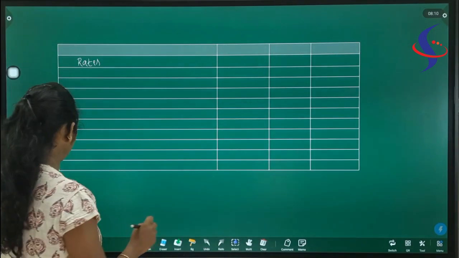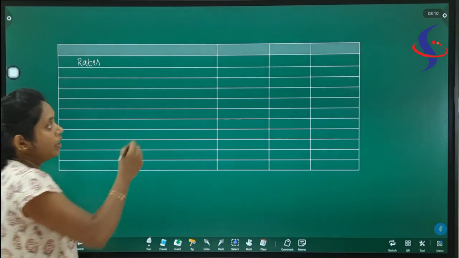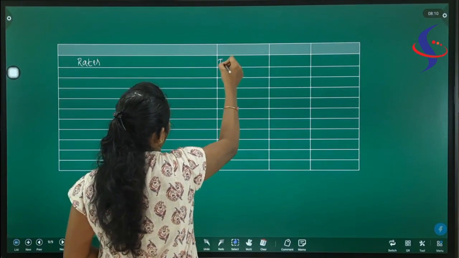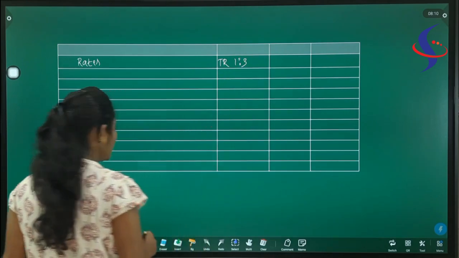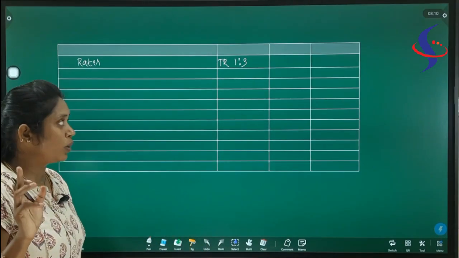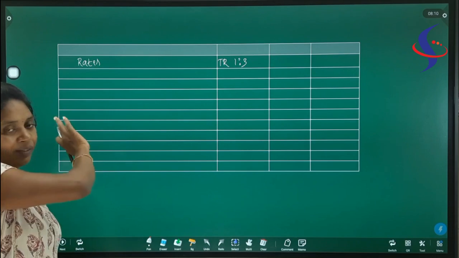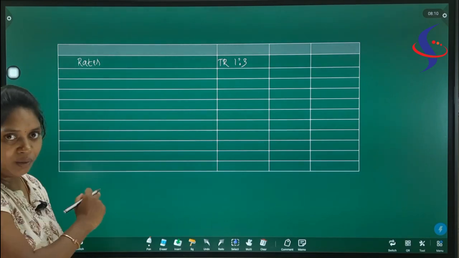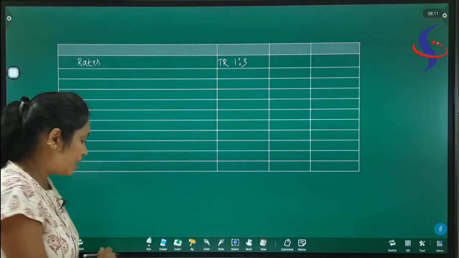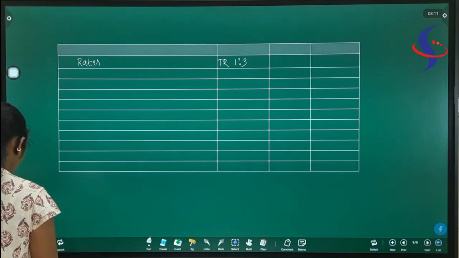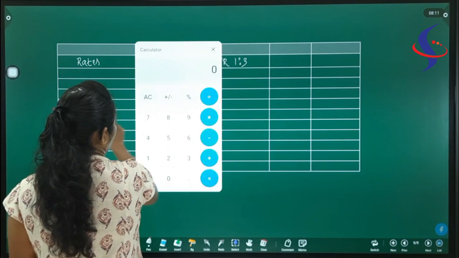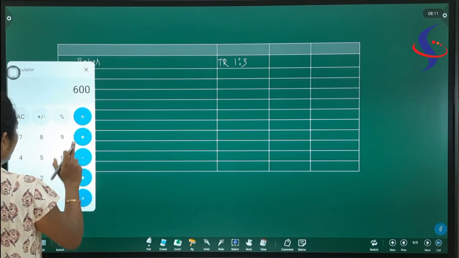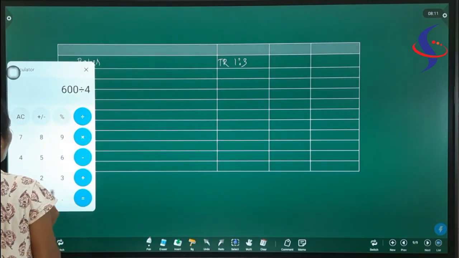Then rates. Rates we should divide using time ratio, that is 1 is to 3. What was the rates amount? It was 1800. From that 1800, 1200 we considered as rent as per the given information, and the remaining 600 is rates, which you should divide using time ratio. 600 into 1 divided by 4.